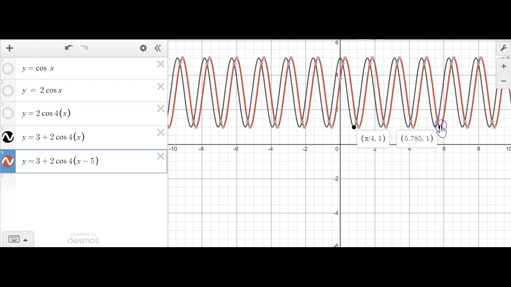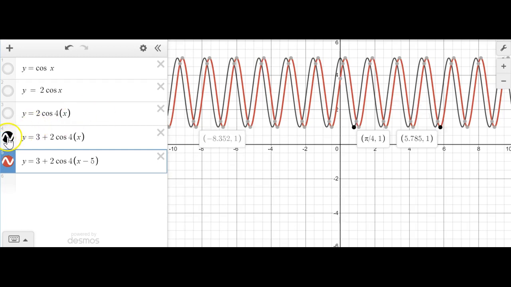I've gone from 0.7853 to 5.7853. So if I go from this black dot to this black dot here, one's on the black curve, the other one's on the red curve, I have actually shifted to the right 5 whole units. It's hard to see it because the graph is repeating itself so frequently, but I have actually made a right shift of 5. It just kind of came along because of the repetition.